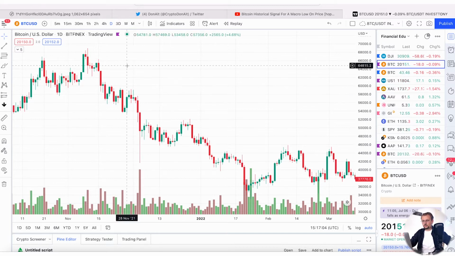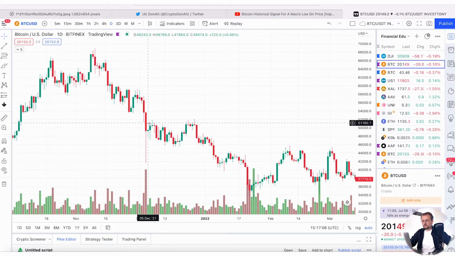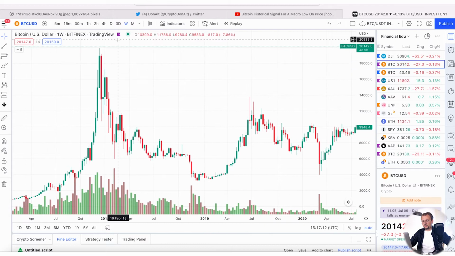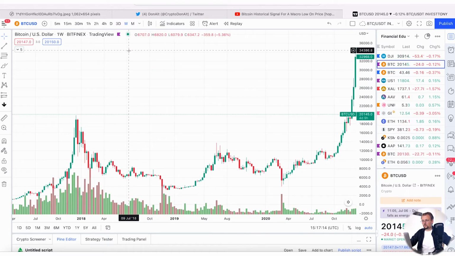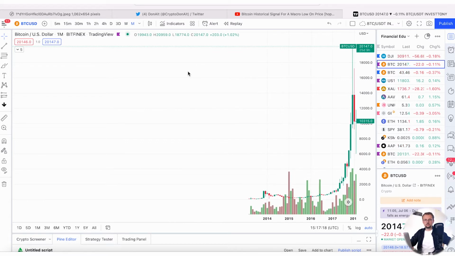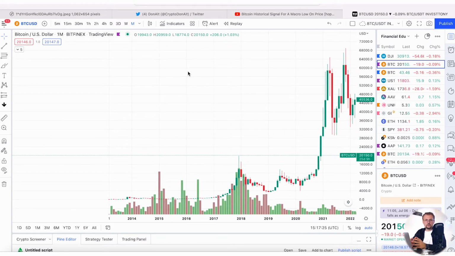But why I'm showing you the different time frames is just so you learn that you can and should combine different time frames in your analysis. And you should always begin with the longer time frames and then go down to smaller time frames. Now it's also important to realize on which time frames you are looking to trade.